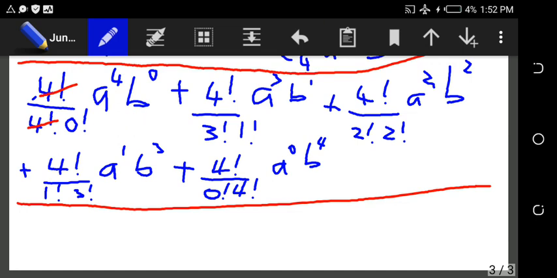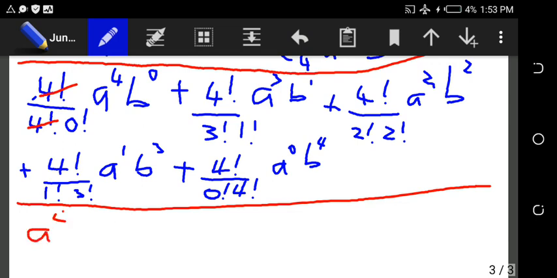So 1 times a raised to power 4 times b raised to power 0. And remember that anything raised to power 0 is 1. So what we're having is 1 times a raised to power 4 times 1, and everything here will simplify to give us a raised to power 4. You might want to watch that over and over again to understand what we are saying.